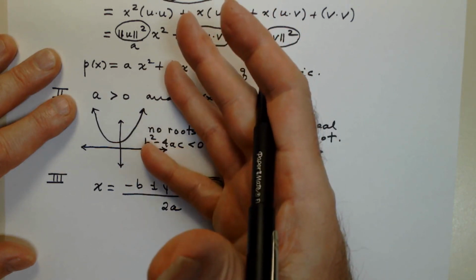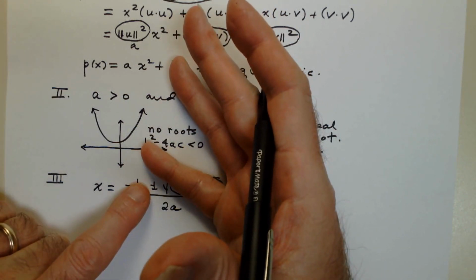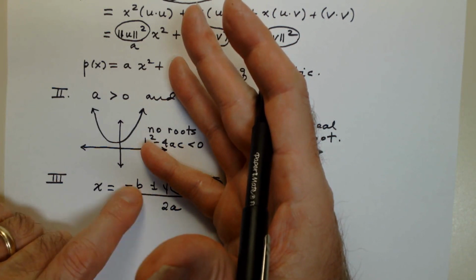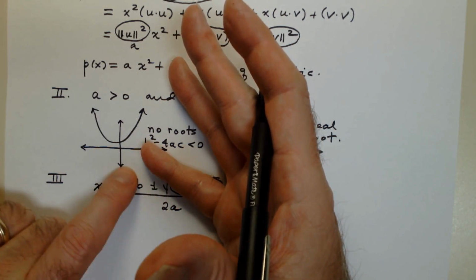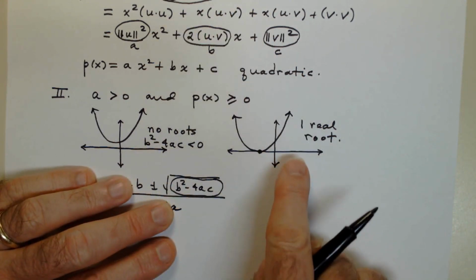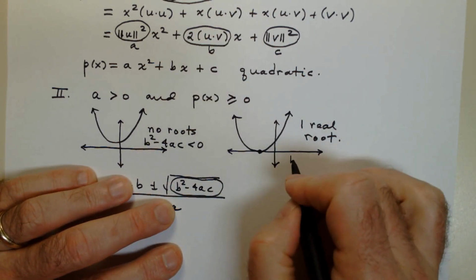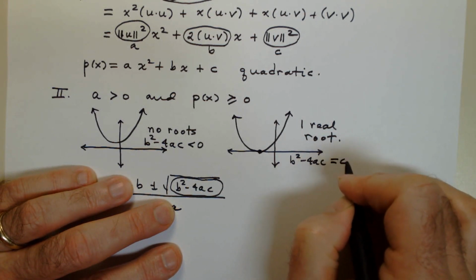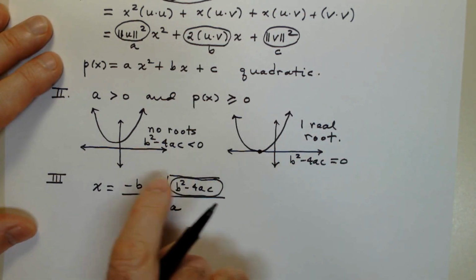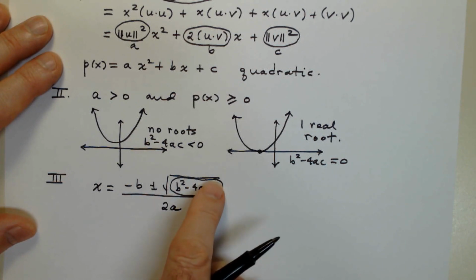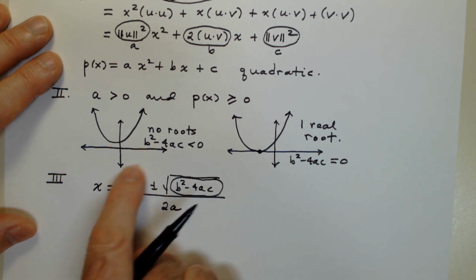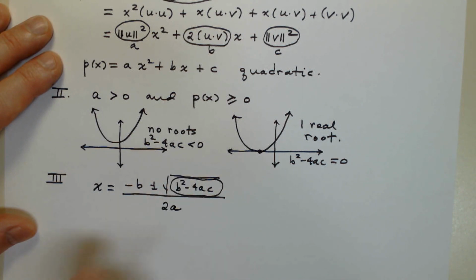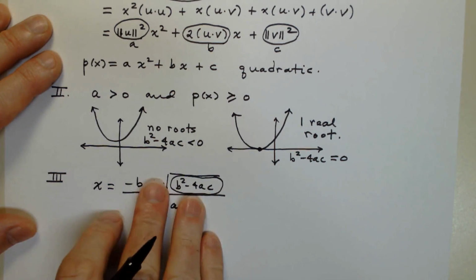We can just effectively drop that out, and we can see we only have one real root, and it's going to be at negative b over 2a. So the plus minus part just drops out. This corresponds to b squared minus 4ac equaling 0. And the case where b squared minus 4ac is strictly positive would correspond to having two real roots, one with the plus sign and one with the negative sign. And that's not happening in this case.